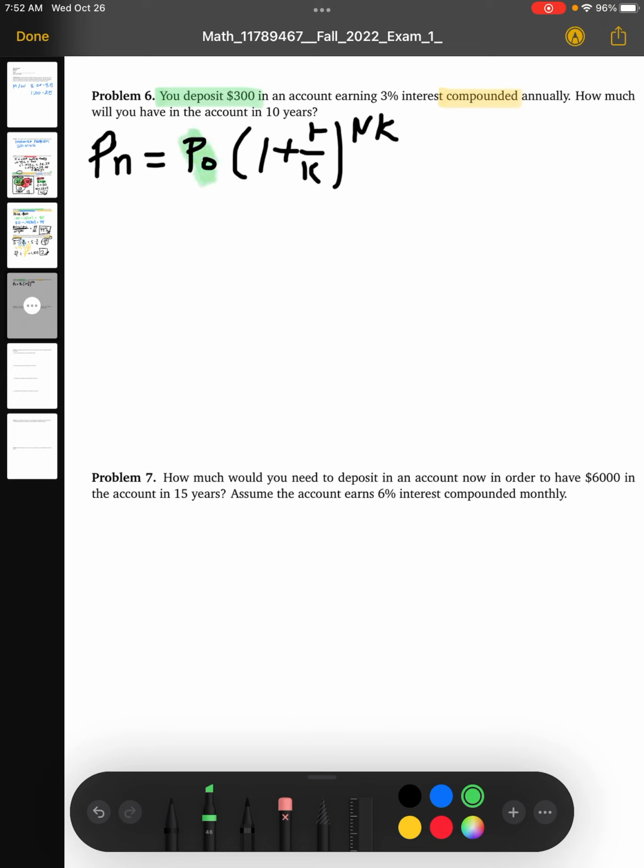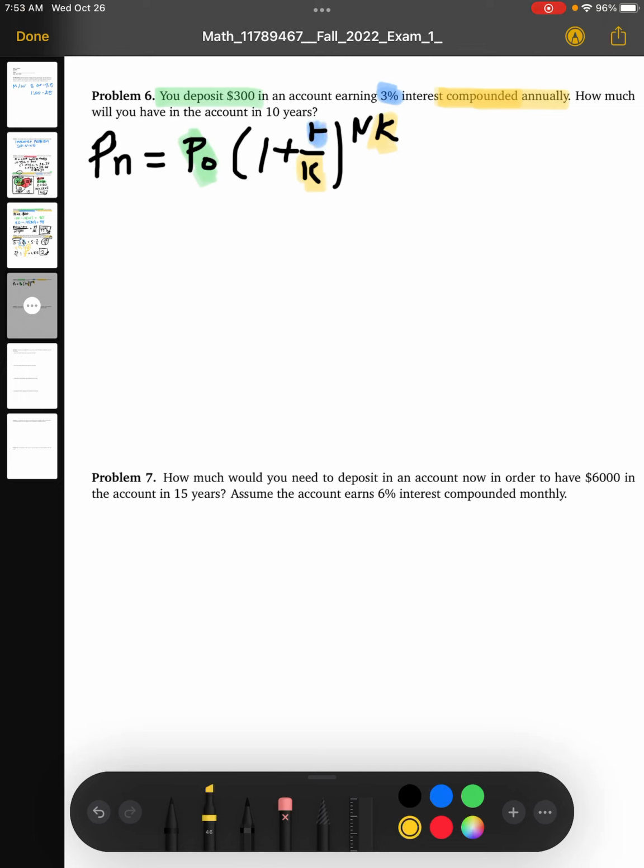That's our initial investment. It's compounding annually, so that tells us about k, that k is equal to 1. Annually means happens once a year. We have 3% interest, so that's going to go here for our interest rate. And then we have 10 years. So that's going to go here for our number of years.